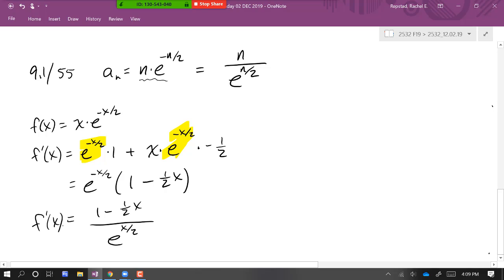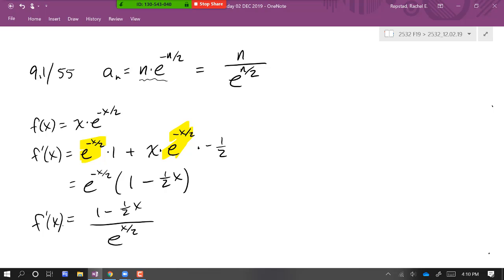And we want to know, is that always negative for where x is at least as big as 1? I think we have to wait till we get x equal to 2. When x is 2, it's 0. And then beyond that, it's always negative. I think x equals 1 is the only place it's positive.